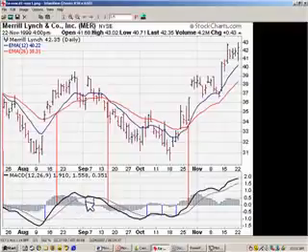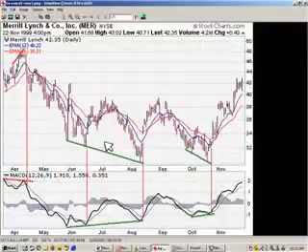Here again are the MACD crossovers, and here is the actual moving average crossover, and then again, finally, the MACD crossing over, and it wasn't until much later that the moving average actually crossed over.